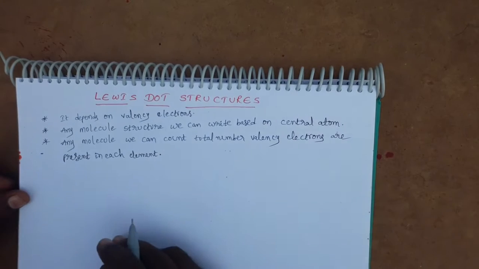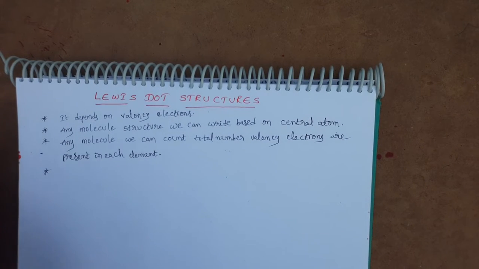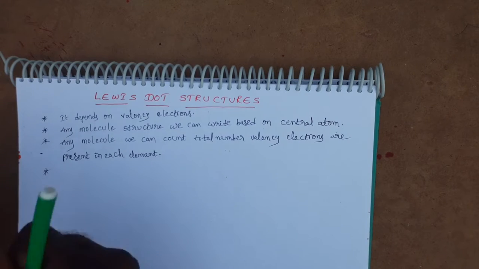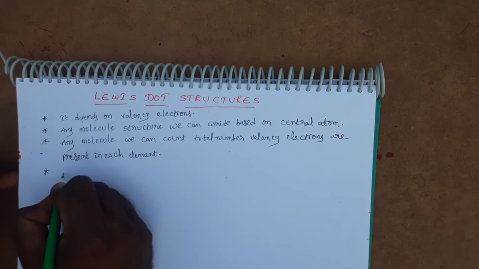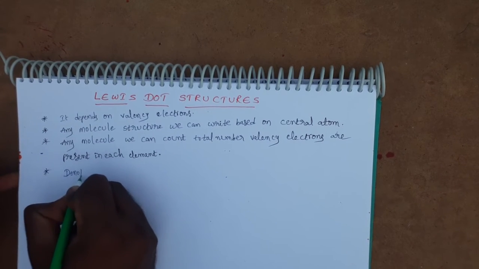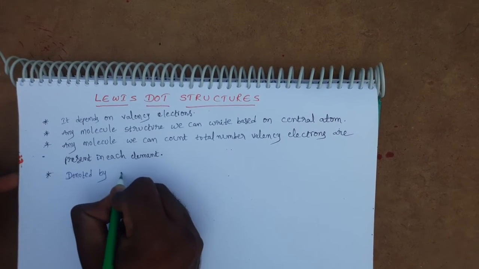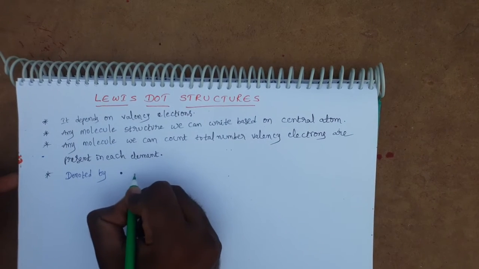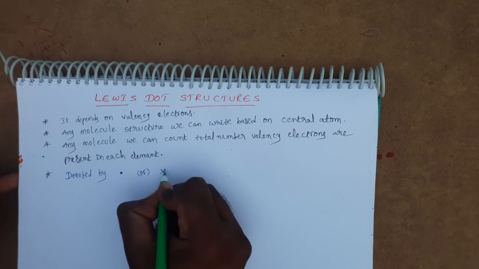This is the Lewis dot structure. And a very important point: this Lewis dot structure is denoted by dot or cross.